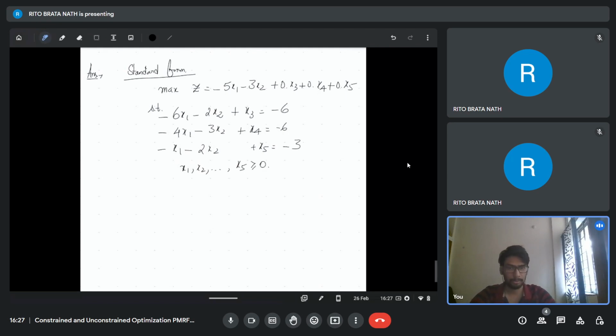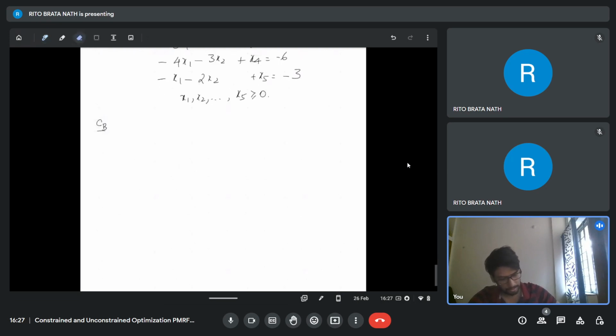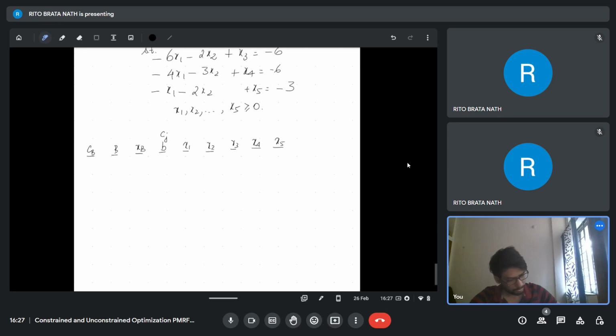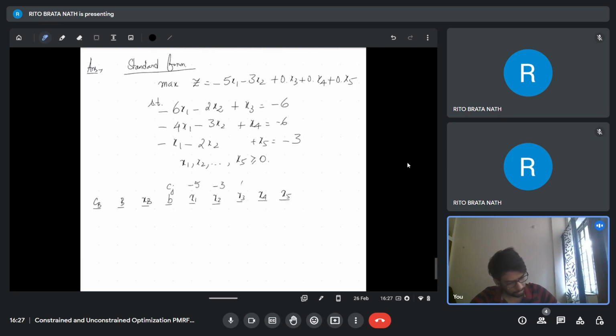As you know, in the dual simplex method, you don't care about feasibility to begin with, and you have to maintain optimality at every step. So let me write down CB, XB, B, and the columns X1, X2, X3, X4, X5, and here you can write CJ, which is minus 5, minus 3, 0, 0, 0.